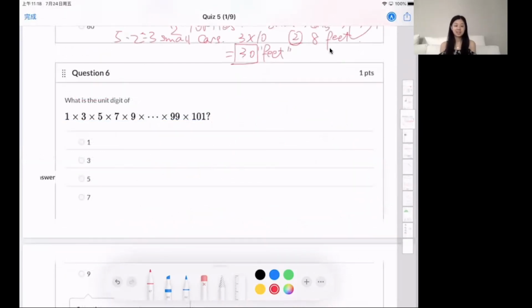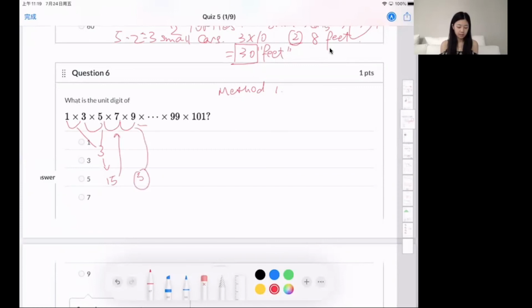Question 6. There are 2 methods we can use for this question. Method 1: we can multiply them together. 3 times 5 is 15. And then 15 times 7 is something 5, right?